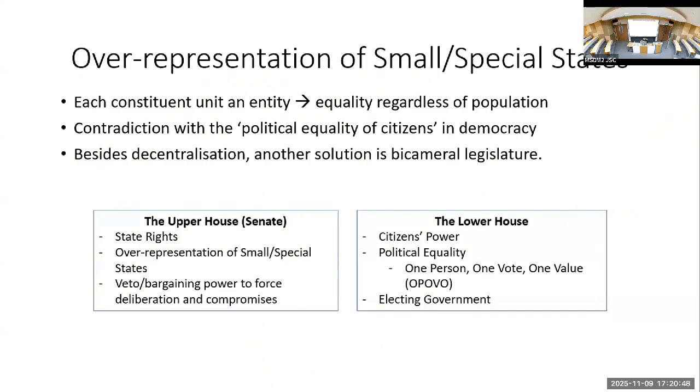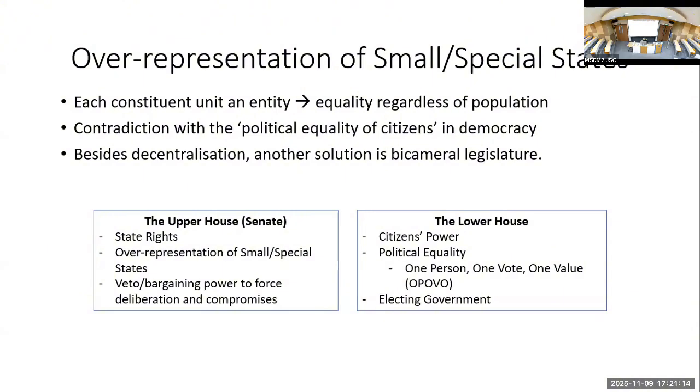So how do we deal with this? One way to deal with overrepresentation of small or special states, as in the case of Sabah and Sarawak, is that we should give them power in the upper house. The upper house could be the house to defend state rights. You can have overrepresentation of small and special states, as we talked about.